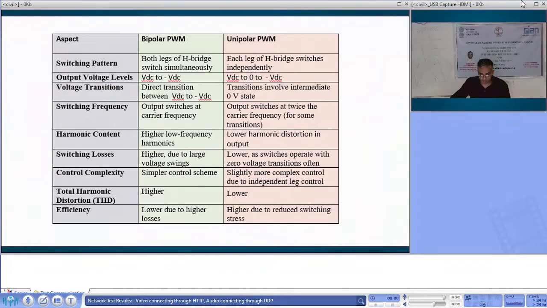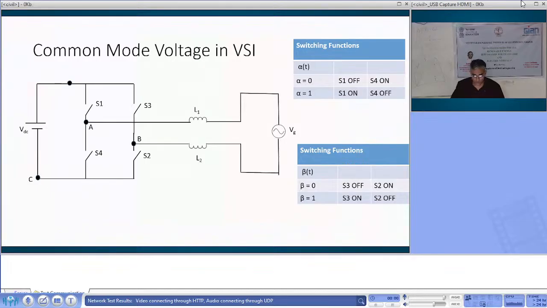Switching losses are also higher in bipolar, because it is switching from minus 200 to 200, whereas in unipolar it is switched from 200 to 0. That means more switching losses in bipolar. Control complexity is simpler in bipolar, but THD is higher as compared to unipolar, and efficiency is also lower in bipolar as compared to unipolar. So we should go for unipolar rather than bipolar.